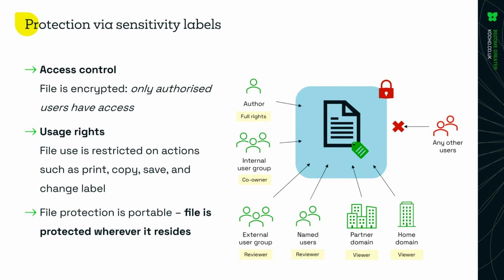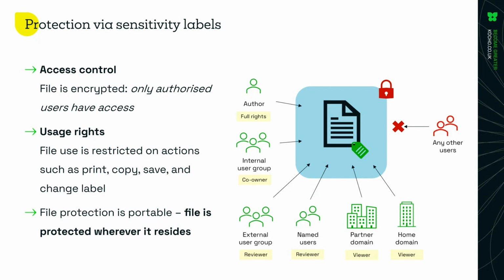And the picture on the right will show, look, we've got the author who has full rights. You can have a user group that is co-owner, which is almost full rights. But we could have some reviewers who are a different user group, or particular named users, or even a domain, a partner domain or the home domain. Maybe everyone in the organization might be able to read it, but can't actually change any content there.